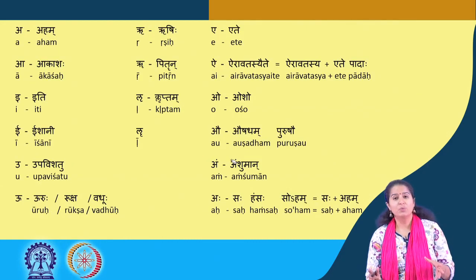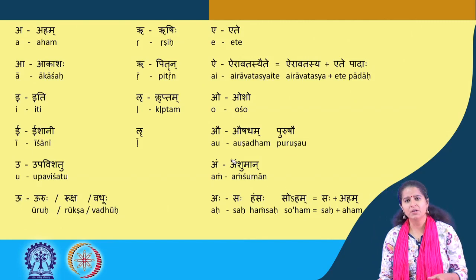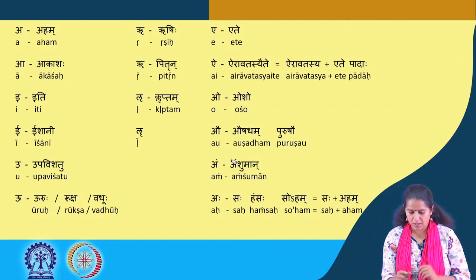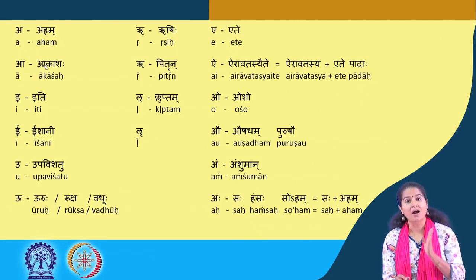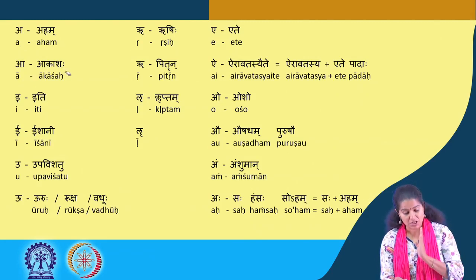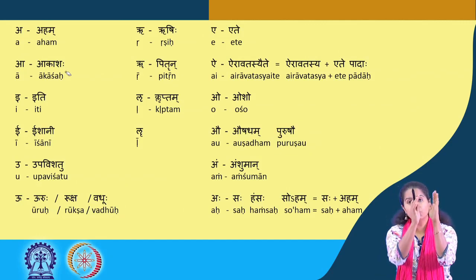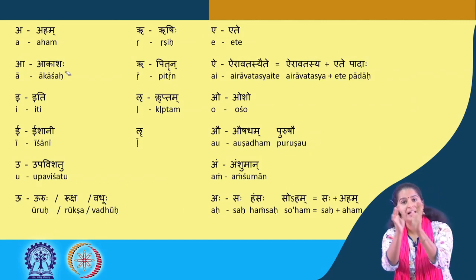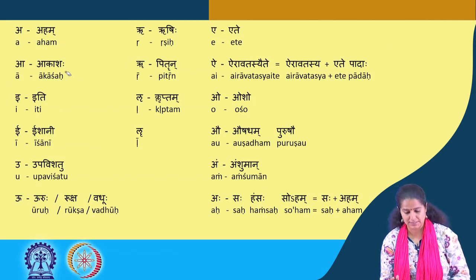Fine. So, I thought we could just look at a few words that you are familiar with and wrap up the session. So, here we have A for aham, A for akasha. I have tried to show you the vowel independently as well as with the consonants.